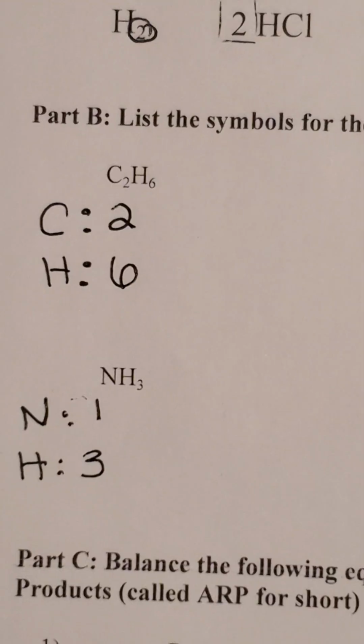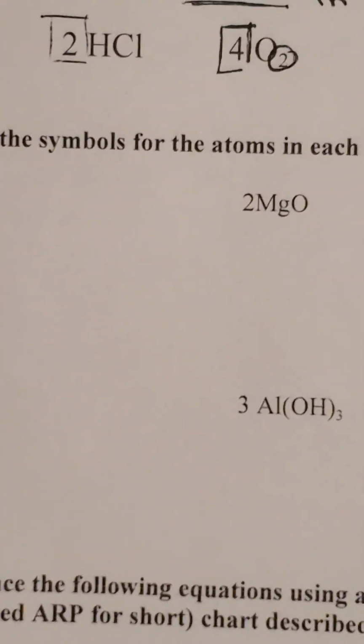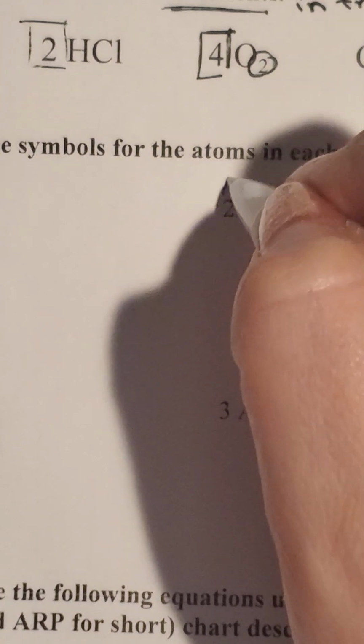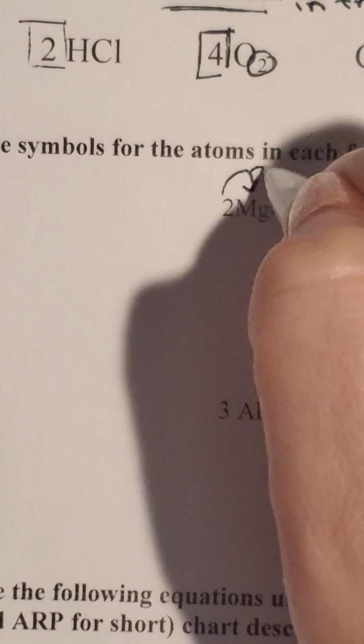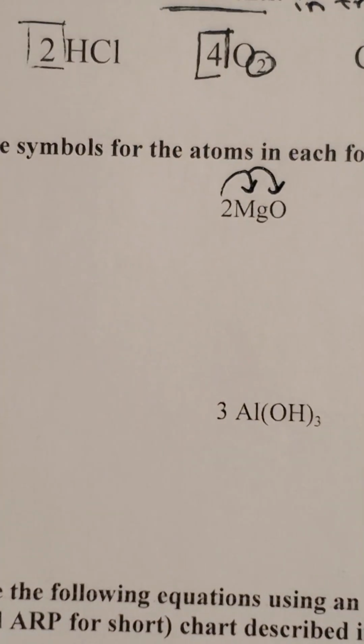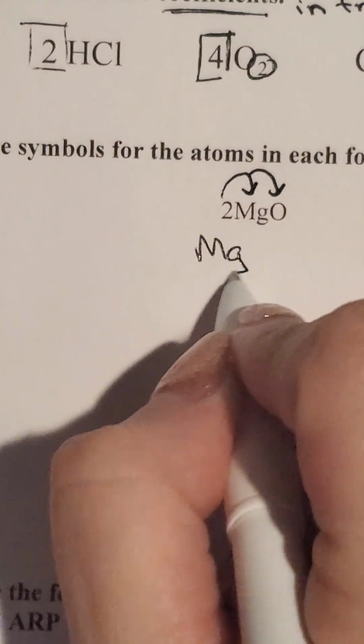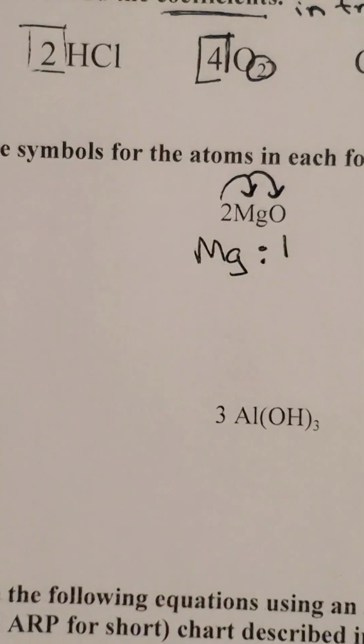Okay. If we go up to 2MgO, the coefficient, like in math, gets distributed through the entire chemical. So Mg originally had 1 atom.